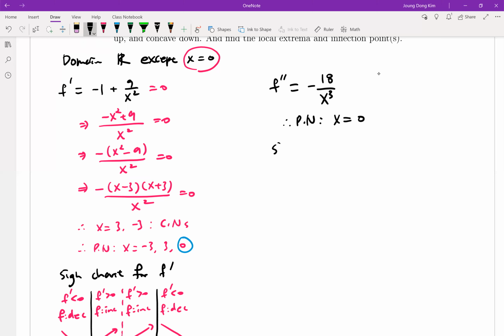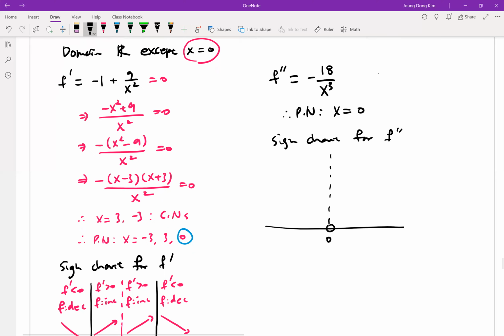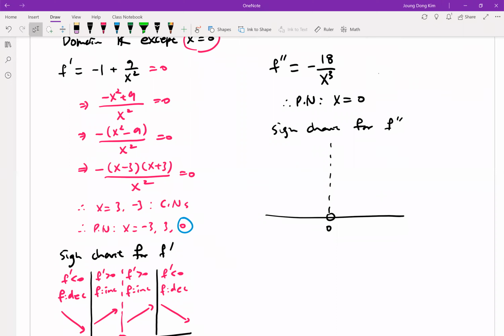So we're going to check the sign chart for f double prime, but keep that in mind. Your 0 must be a broken line and empty circle, okay? On the left-hand side, plug in any number which is less than 0.